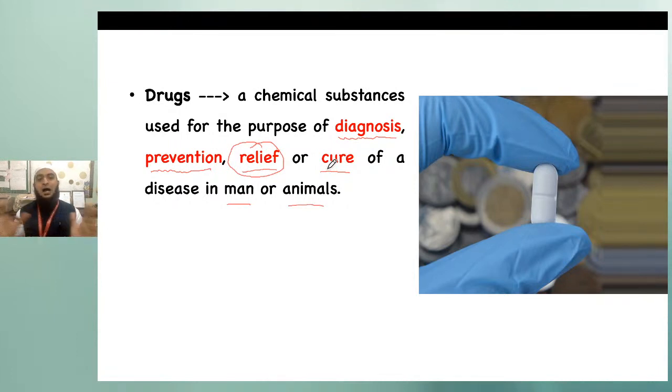So with the help of examples and a case study, I am trying to make you understand the definition of the drug. The drug is a chemical substance used for the diagnosis, prevention, relief, or cure of disease in man or animals, because animals also suffer from disease.